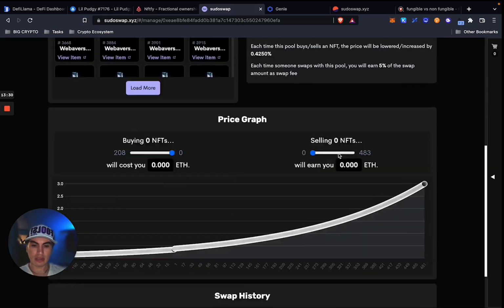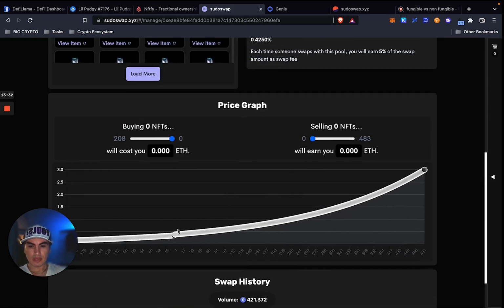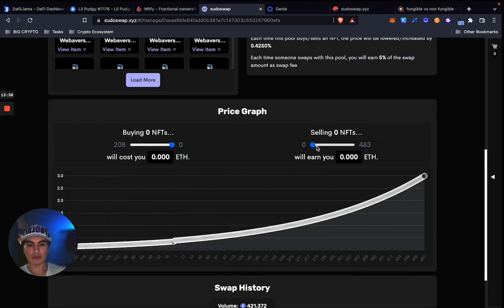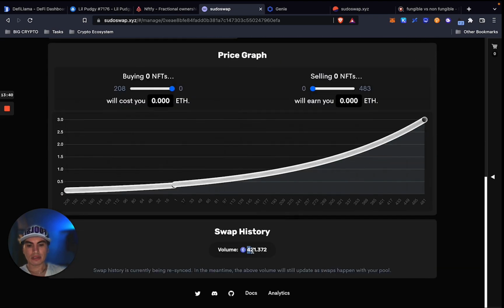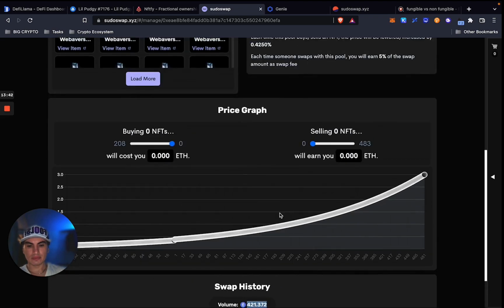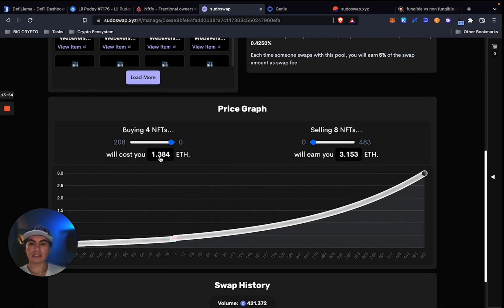And as you see here, you can see the price graph for them, as each time an NFT is bought or sold, it goes higher. And here's the volume for it. Here you can see how much buying and how much selling it would cost you for this specific pool, which is pretty cool, that you can see this almost in live real-time action.